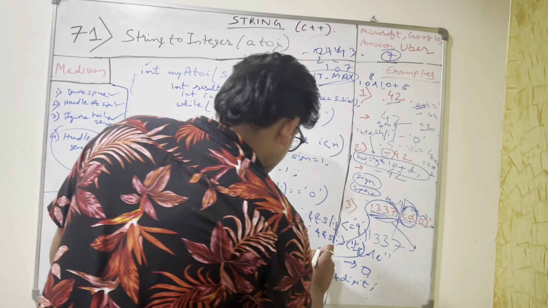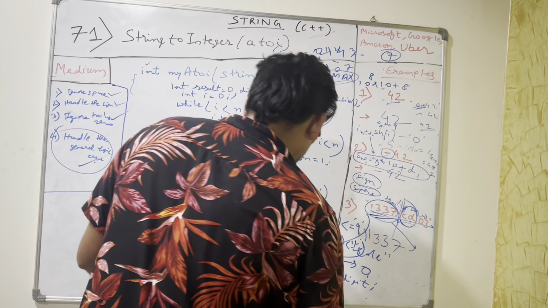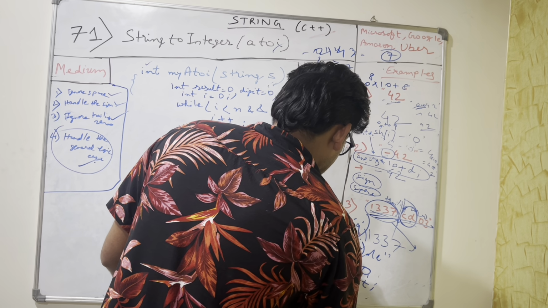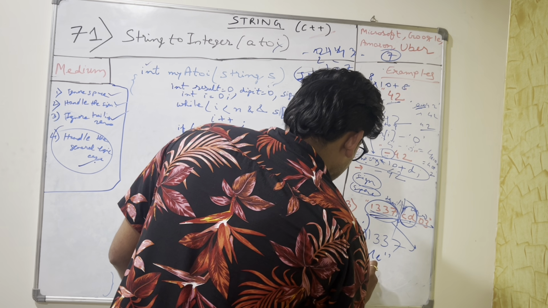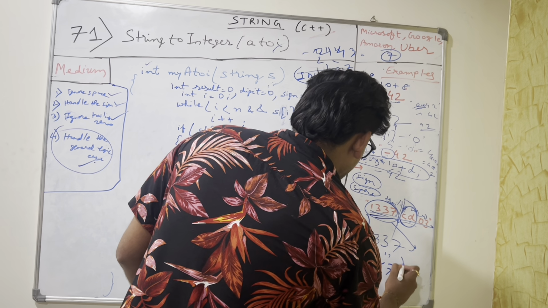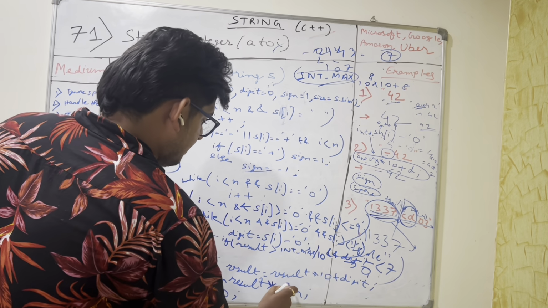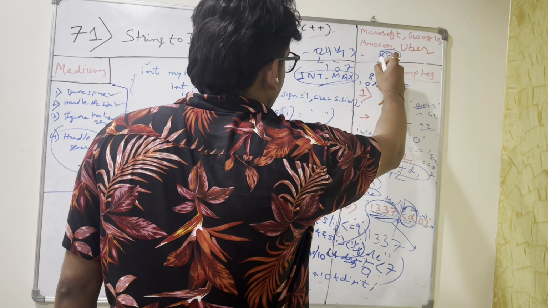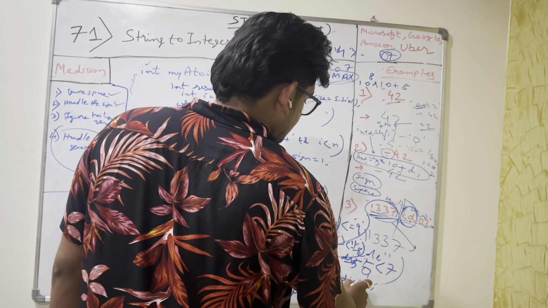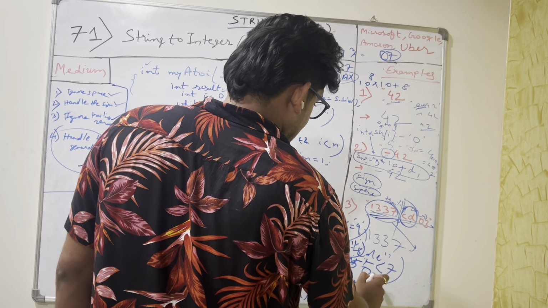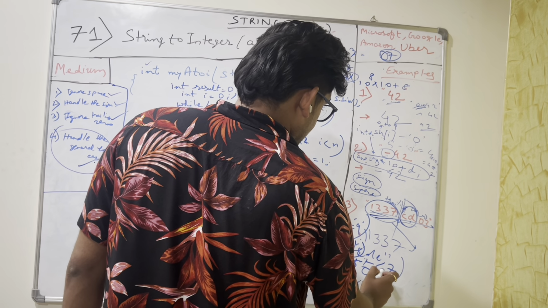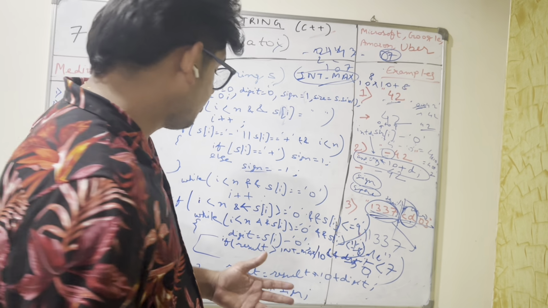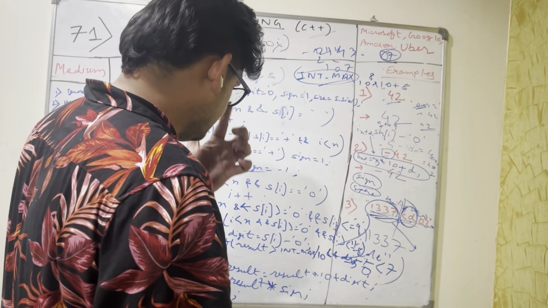So actually we need to see if result is greater than int max by 10, and if the digit is less than 7. Why? Because when we multiply it by 10, we will already have this value into 10, and then the digit value will come. So if it is greater than 7, that means we have already gone to the overflow condition, right?